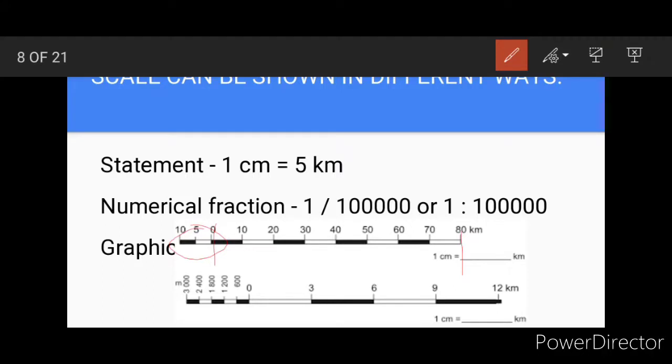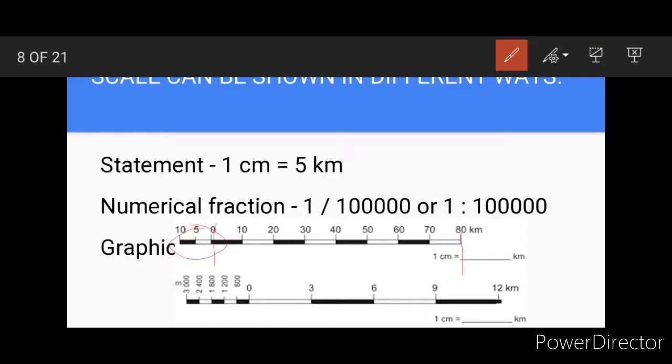In primary divisions you are mentioning that it is from 0 to 10 kilometers. The distance is 0 to 10, 10 to 20, as in the scale that we use for graphs in maths. Similarly, it is 0 to 10, 10 to 20, and what secondary divisions tell you is how the primary division is divided.